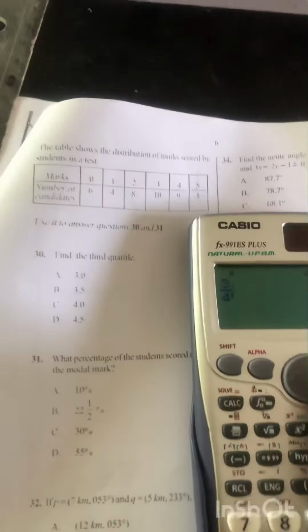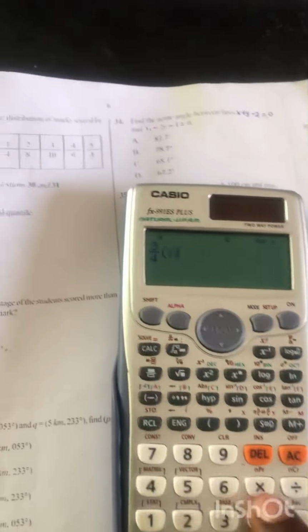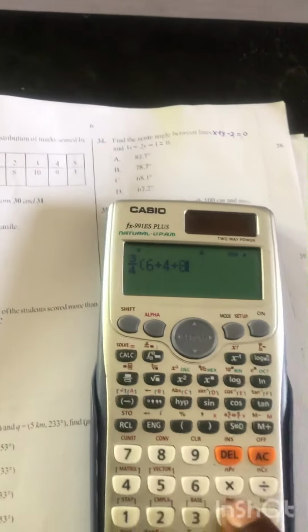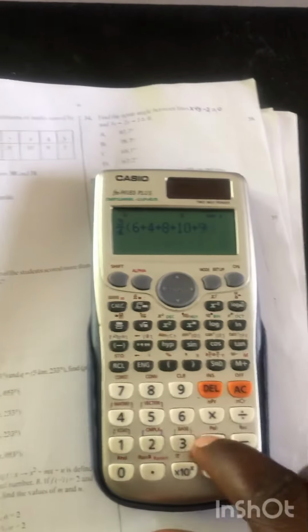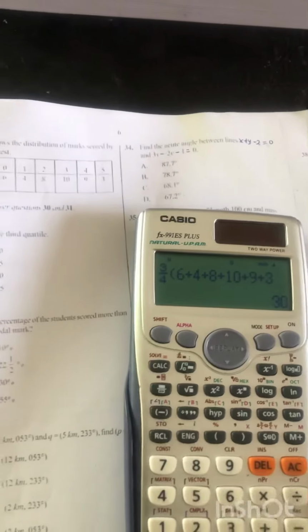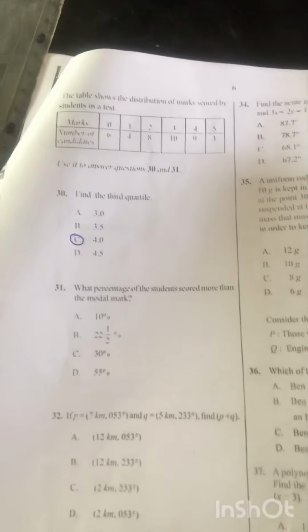So we add the frequencies. 6 plus 4 plus 8 plus 10 plus 9 plus 3, which is 30. So let's see the mark which corresponds to 30. So 6 plus 4 is 10, 10 plus 8 is 18, 18 plus 10 is 28. So 30 will be 4, which is C.